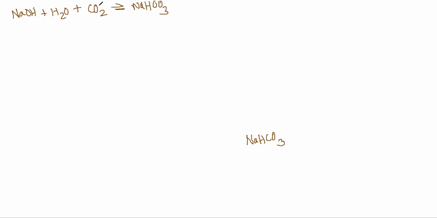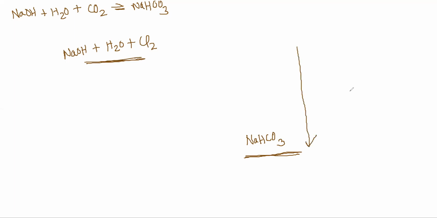Let's say this reaction happened and you got NaHCO3. NaHCO3 has some intrinsic energy, it is at some level. In this reaction, you are starting with NaOH plus H2O plus CO2, which is at some level. The difference is the enthalpy of this reaction, from the reactants to the products.